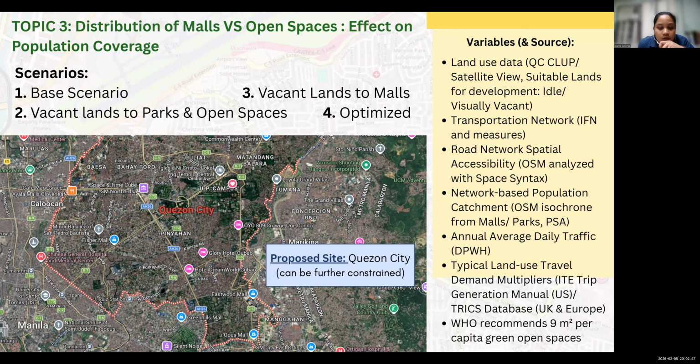So for the scenarios, we have the first one, the base scenario. The existing land use is retained and the population coverage is uneven, and we have limited green spaces, and the trip demand is already high.